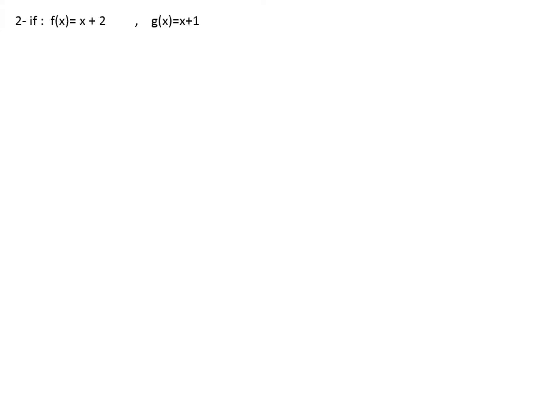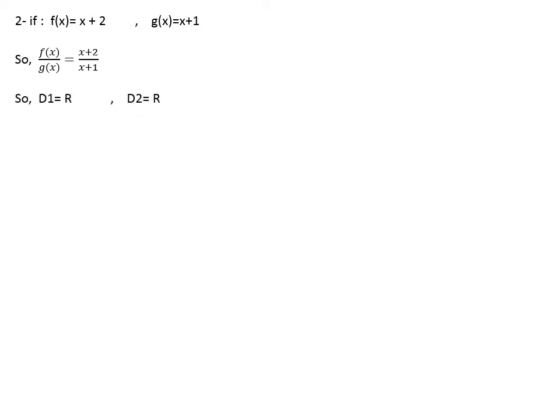Now let's take another example for two functions, f of x equals x plus 2 and g of x equals x plus 1. If we try to get the division between them, f of x over g of x equals x plus 2 over x plus 1.